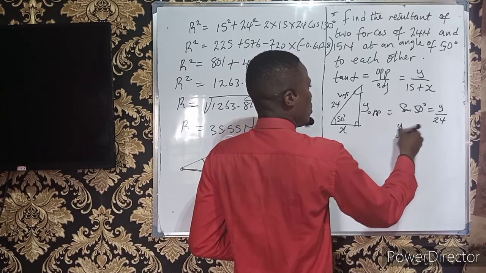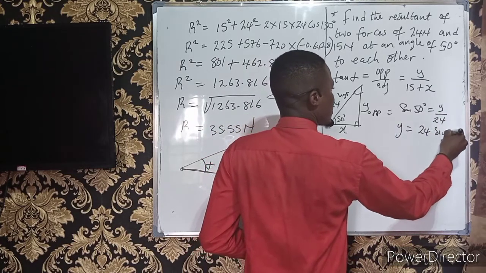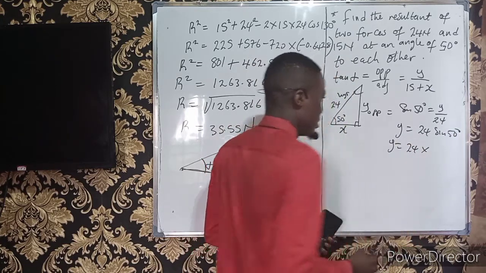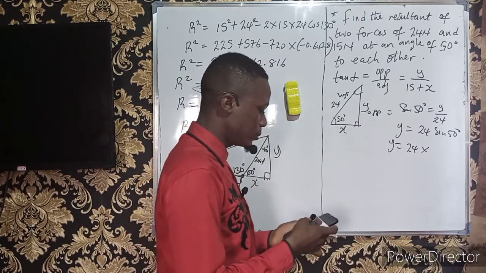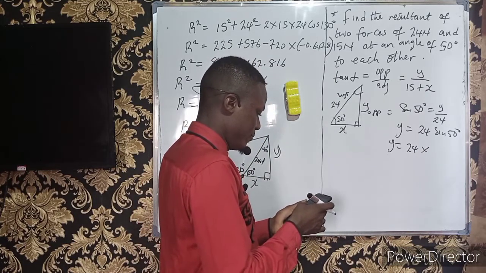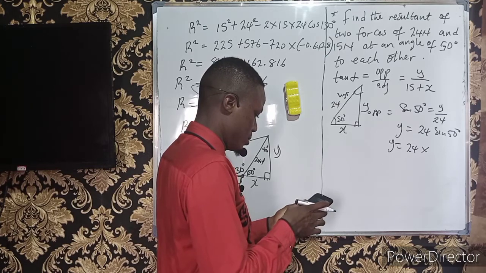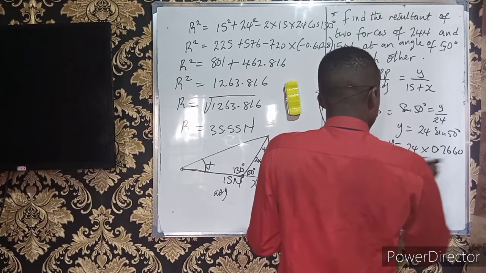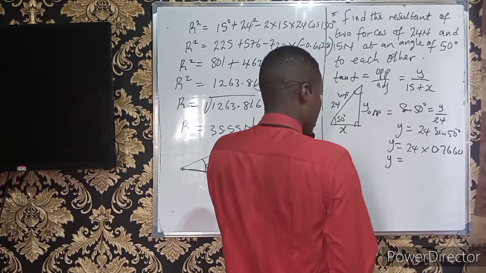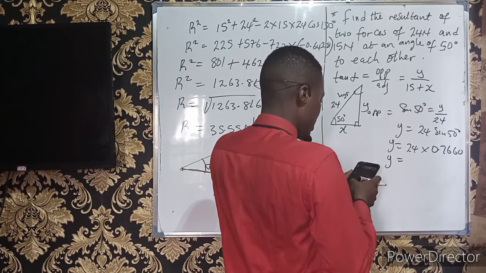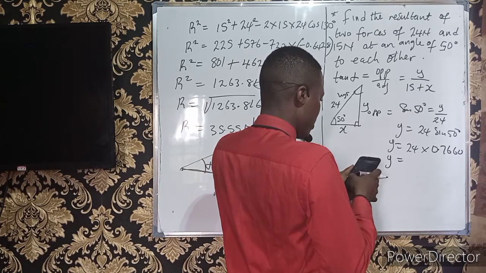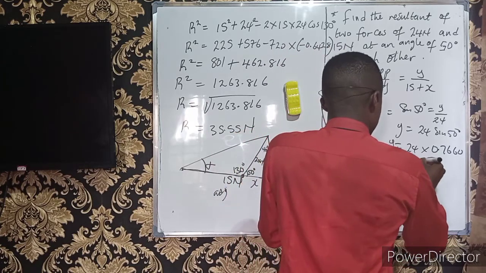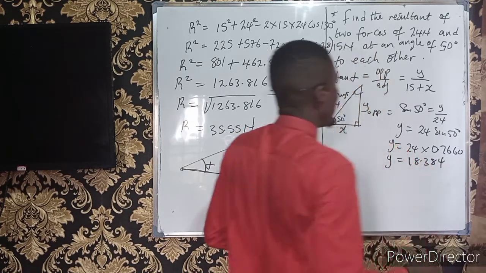So cross multiply, y is 24 sine 50 degrees. So y will give me 24 times, let us get sine 50. Sine 50 will give us 0.7660. So y will now be 24 times 0.7660 to give us 18.384. I have got y.